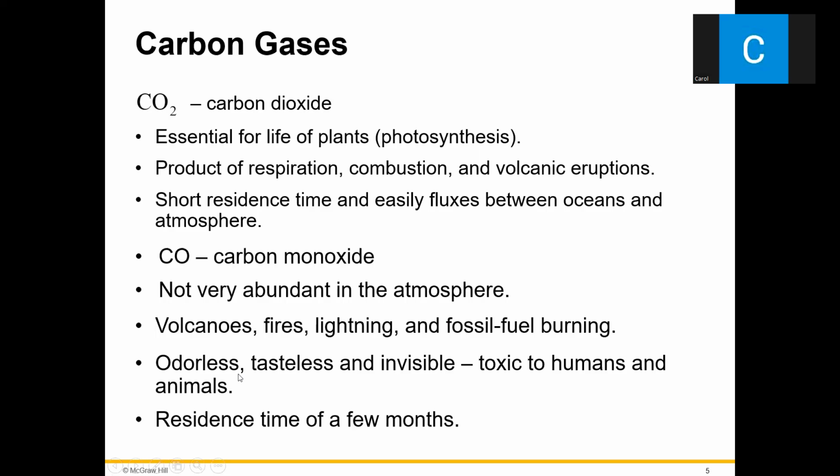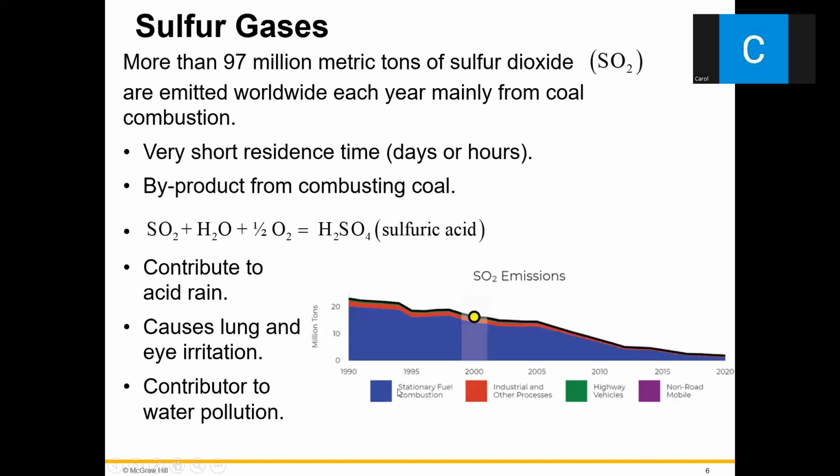Volcanoes, fires, lightning, and fossil fuel burning is where it comes from. It's odorless, tasteless, and invisible, toxic to humans and animals. That's why you have to have those little carbon monoxide detectors, especially if you're going to be burning gas. If you have any kind of gas furnace or anything in your home, definitely get a carbon monoxide detector or two. They're really cheap. And it has a residence time of a few months.